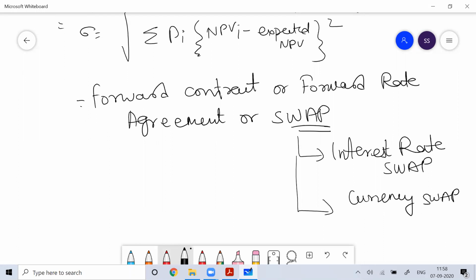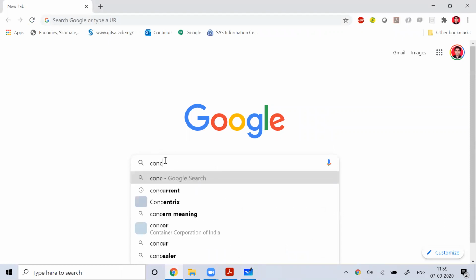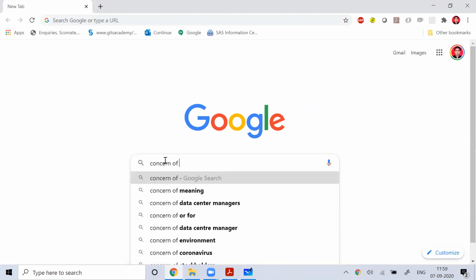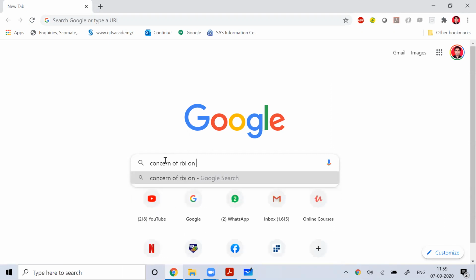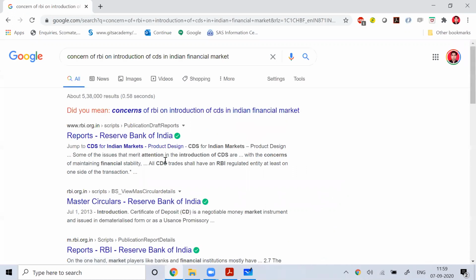If you type in Google the concern of RBI on the introduction of CDS in the Indian financial market, you will see that the credit default swap was the reason for the US 2008 financial subprime crisis.